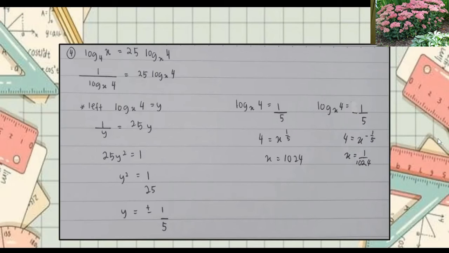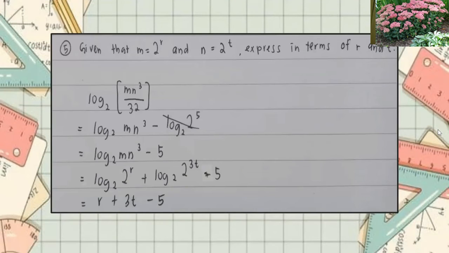Next question. The question is, given that m equal to 2 power r and n equal to 2 power t, express in terms of r and t.